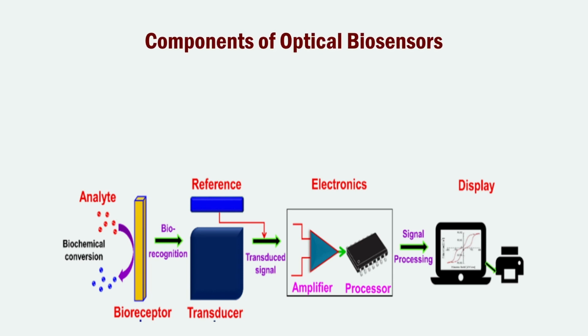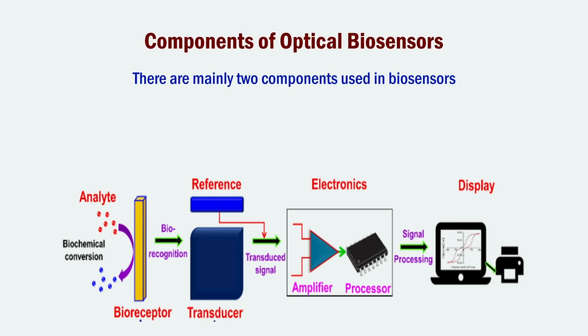There are mainly two components used in biosensors. The first one is the biological medium or biological recognition element or bioreceptor. They are the molecules that attach analytes on their surface, which in turn changes their optical properties, thus producing biosignals that can be passed on to the biosensor.